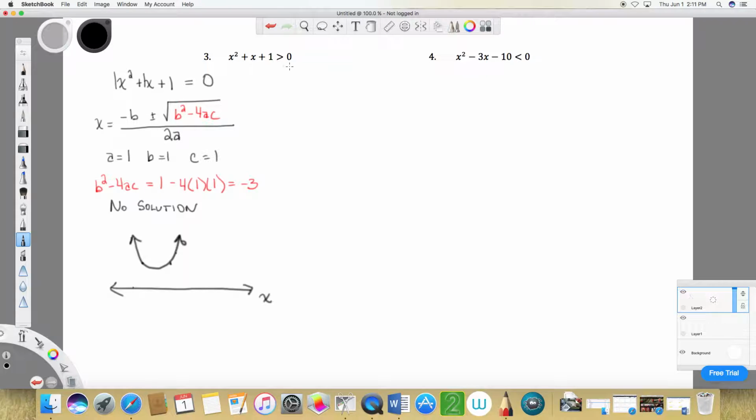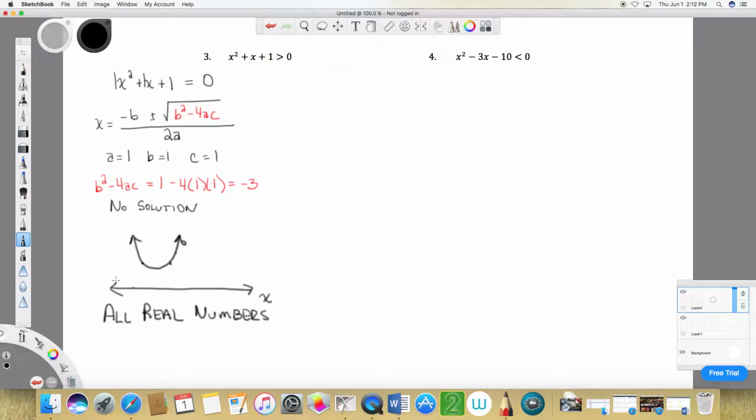Now, let's look at the original inequality. It says for what values of x will x squared plus x plus 1 be greater than or equal to 0? Well, for all values of x, for all real numbers.